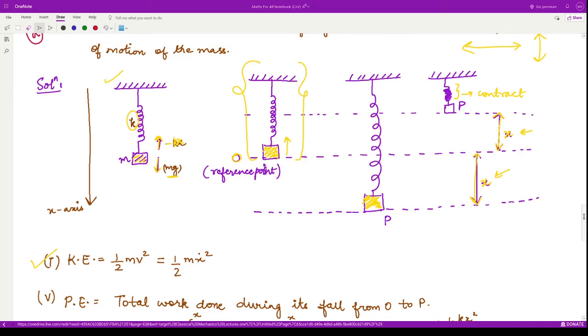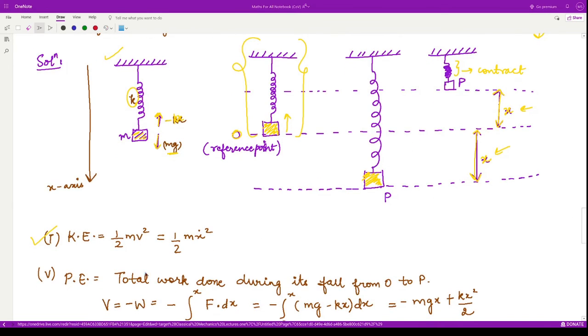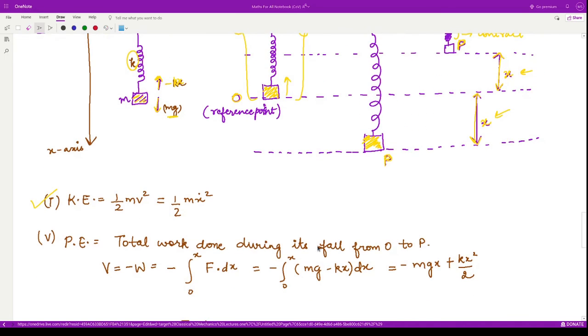Now talking about potential energy, it is the amount of work done during its fall from some point O to the point P where it is now. In this case it is here, in this case it is here, right? So in both the cases we have two forces acting on it. The potential energy is the negative of work done, and what is the work done?